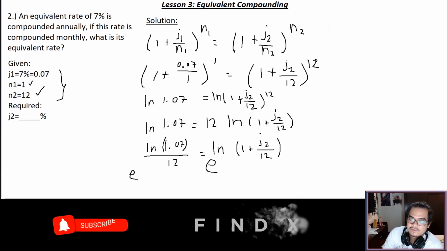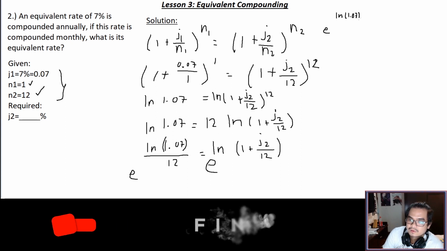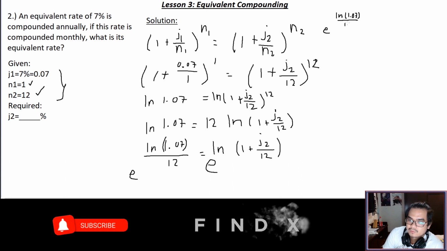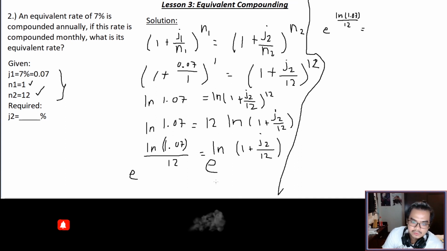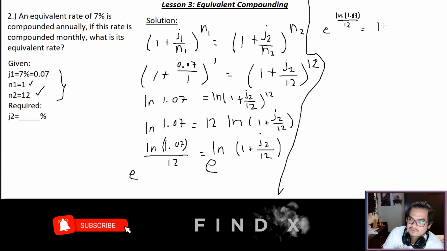Okay, so you'll have here e raised to ln 1.07 all over 12 equal to, this will be equal to again e raised to ln will be cancelled out, so you'll just have here 1 plus j2 over 12.